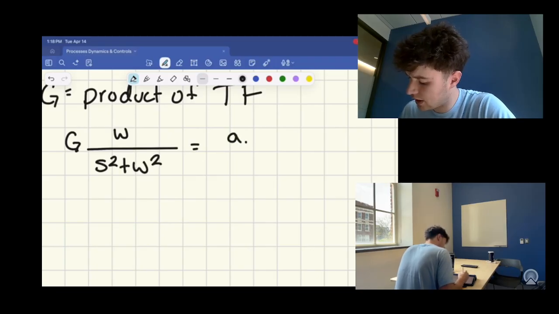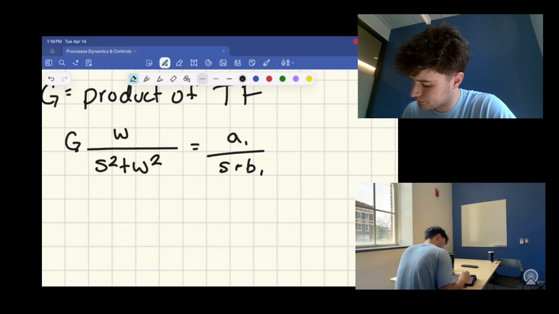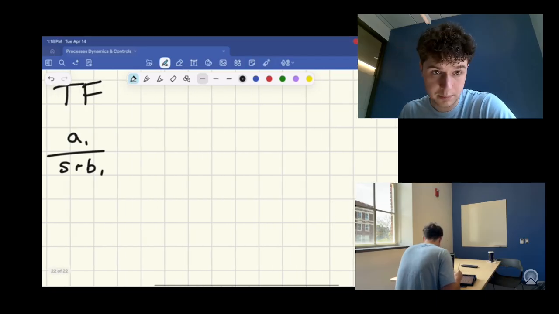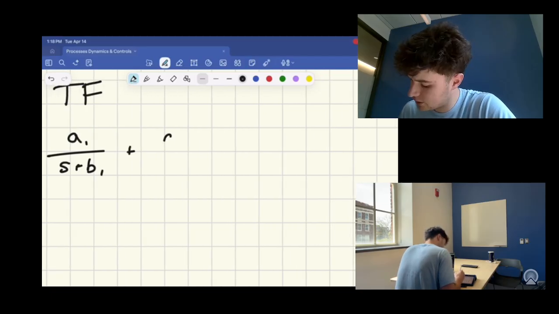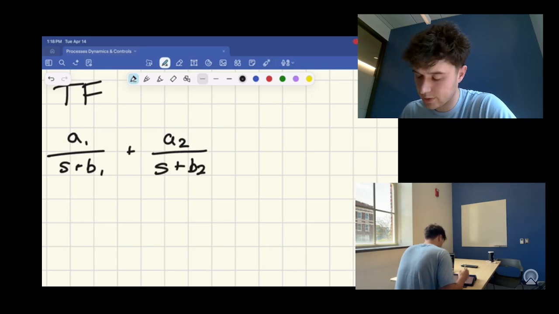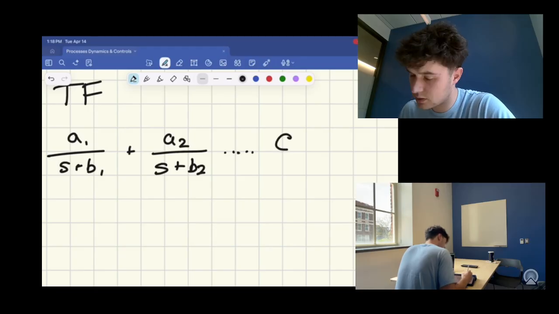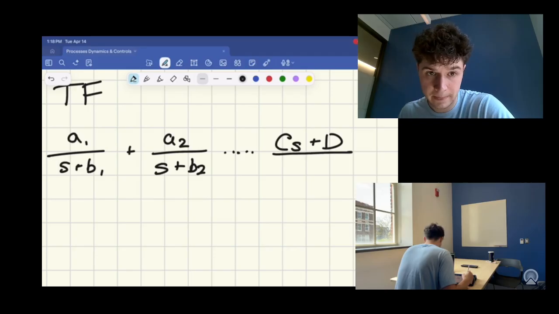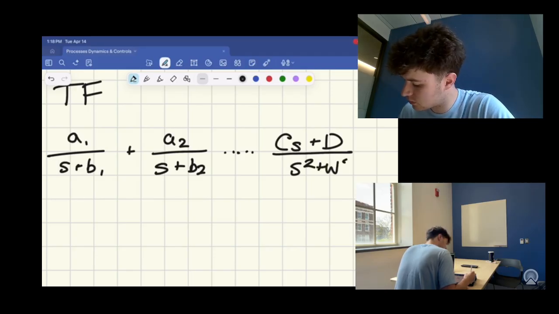Now this is going to be equal to A1 over s plus B1 plus A2 over s plus B2 all the way to Cs plus D over s squared plus ω squared.